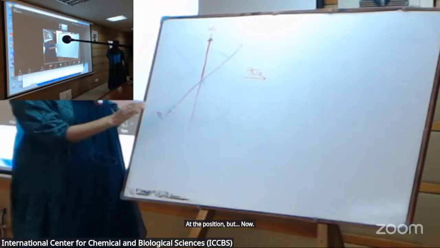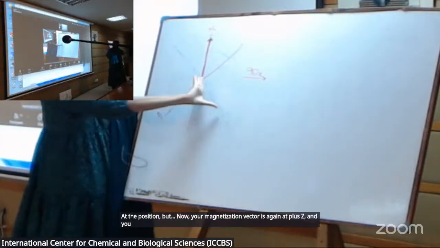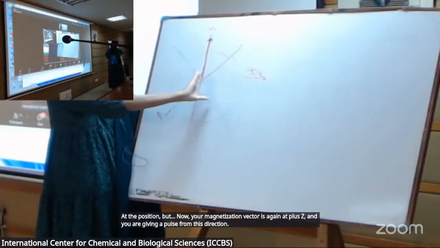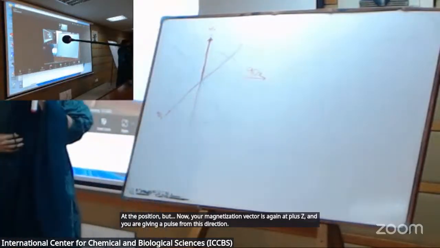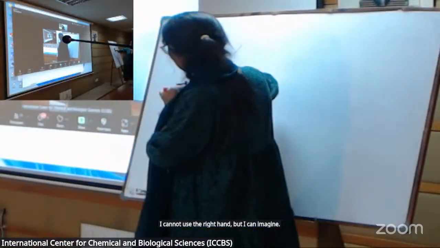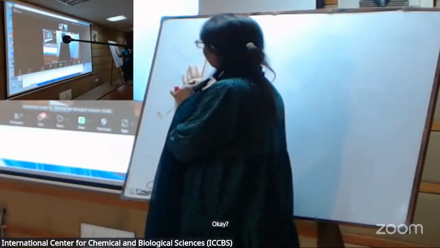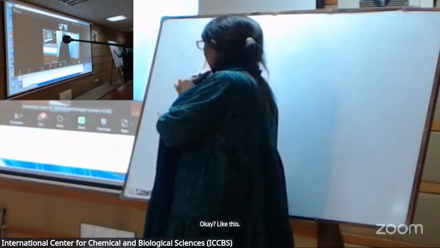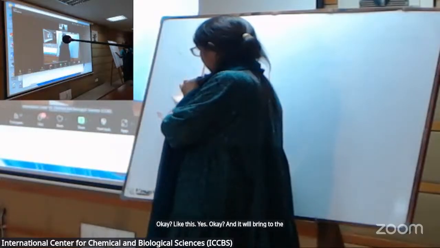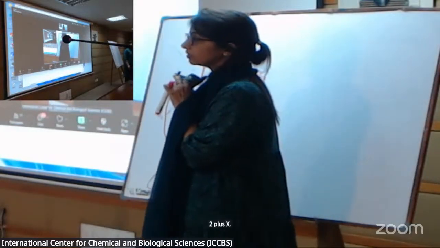Now your magnetization vector is again at plus z and you are giving a pulse from this direction. I cannot use the right hand, but I can imagine. It will bring the magnetization vector to plus x, not minus.